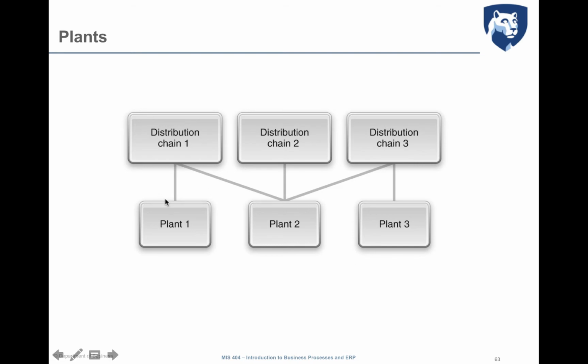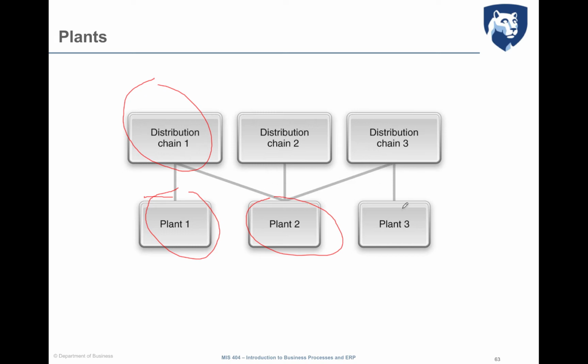Like for example, distribution chain 1 can deliver product to plant 1 and plant 2, and so it means that plant 1 is only associated with distribution chain 1.